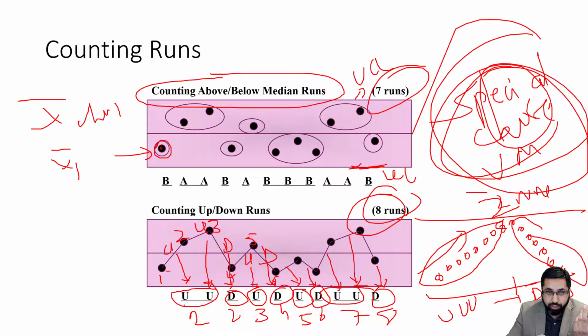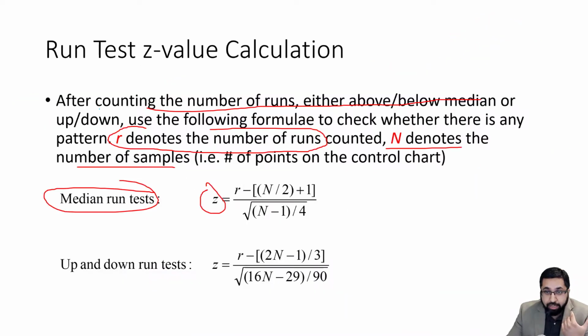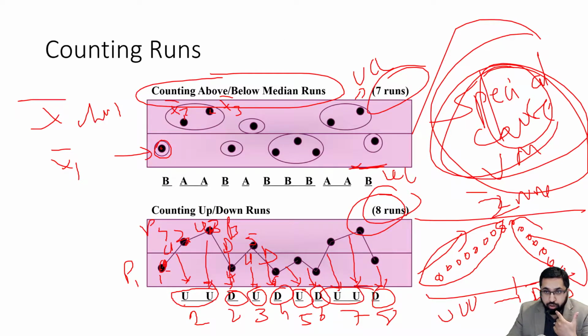This point here is X bar 2, X bar 3. If this is a P chart, the first point here is P1, the P in sample 1. The second point is P2. Third point is P3, the proportion in sample 3, and so forth. So each point represents a sample. So N, the capital N, is the number of samples, which is the number of points on your control chart.